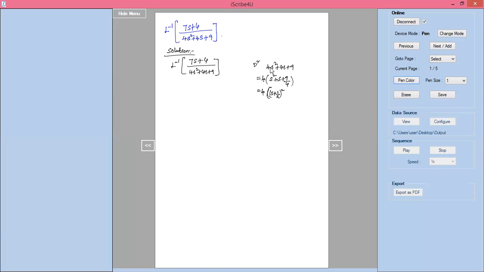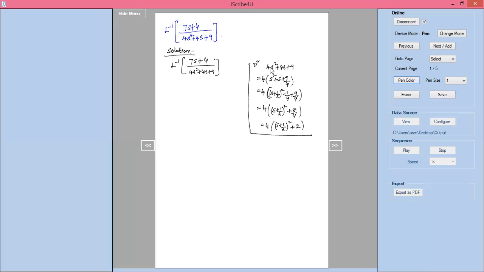So I'll write 4 into s plus 1 by 2 whole square minus 1 by 4 plus 9 by 4. Minus 1 plus 9 is 8 by 4, which is 2. This is the denominator I just simplified.